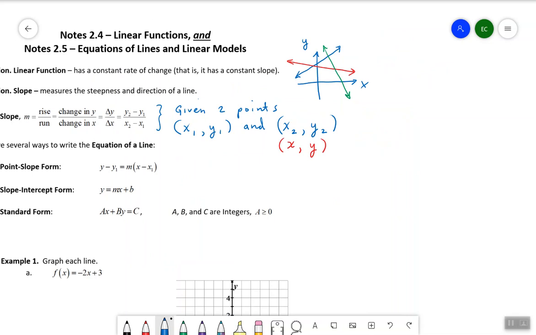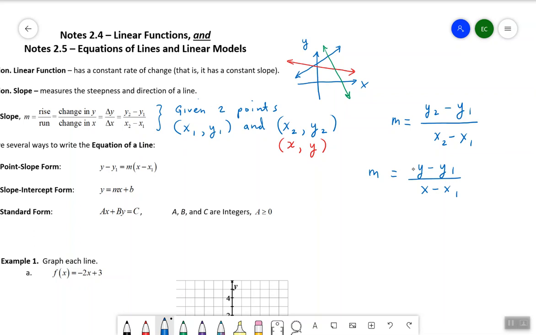So we're going to start with the formula for slope. We have m equals y2 minus y1 over x2 minus x1. Then we're going to replace x2 with x, and we're going to replace y2 with y. That will give us m is equal to y minus y1 over x minus x1.